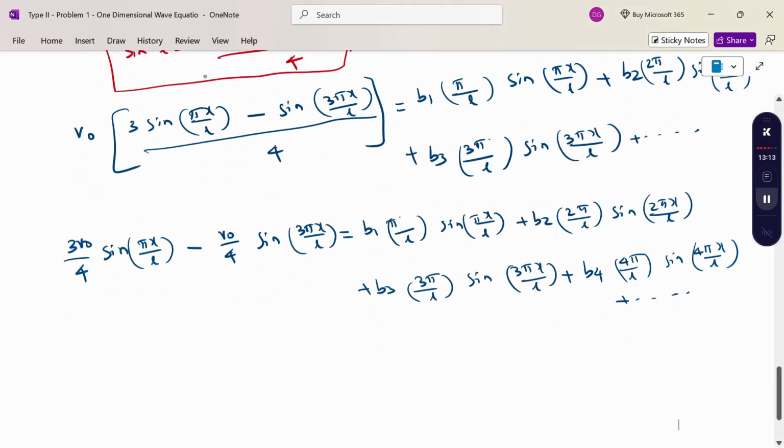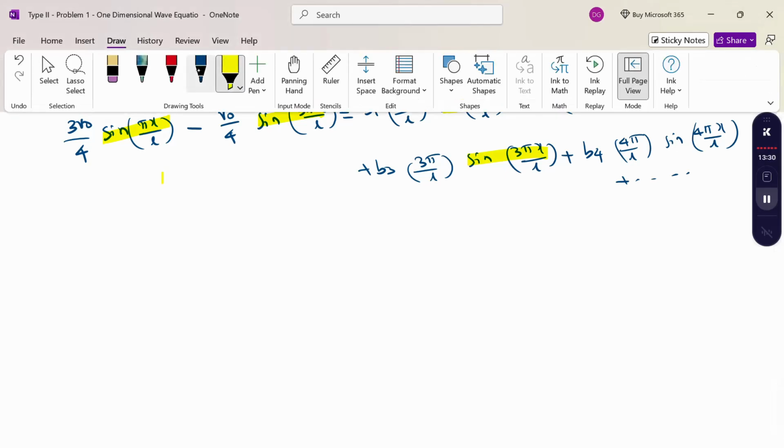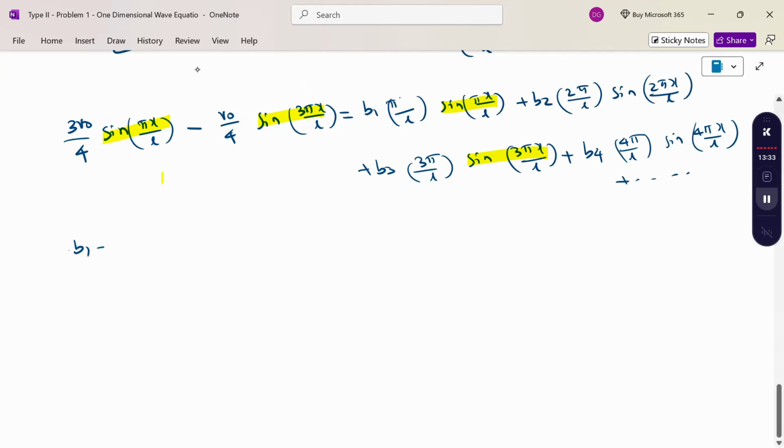Now compare with the left side. Comparing the coefficient of sin(pi x by L): b1 a pi by L equals 3 v naught by 4, so b1 equals 3 v naught L divided by 4 a pi.